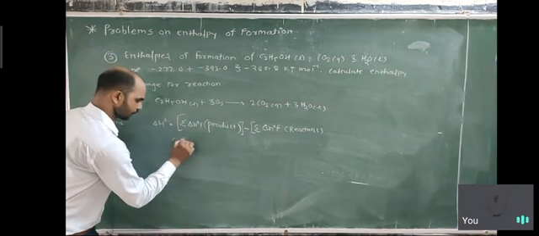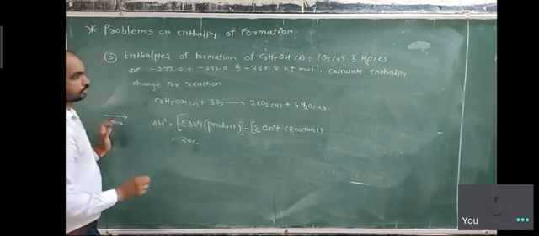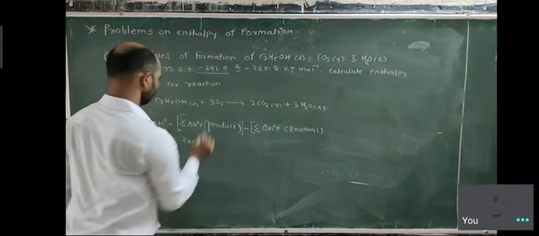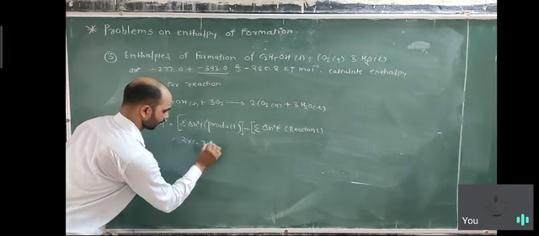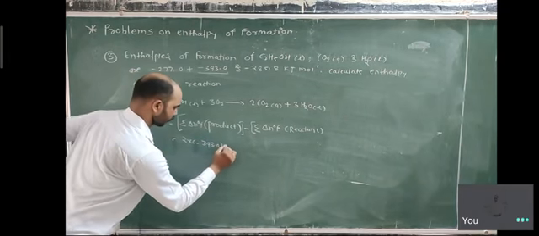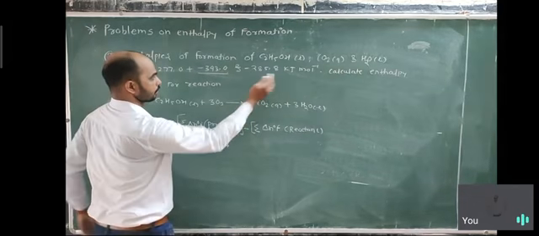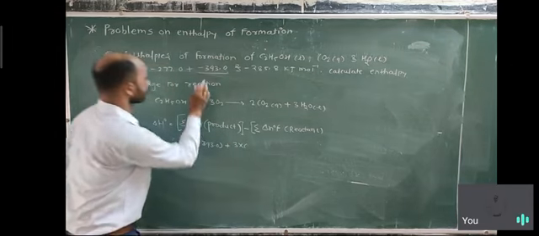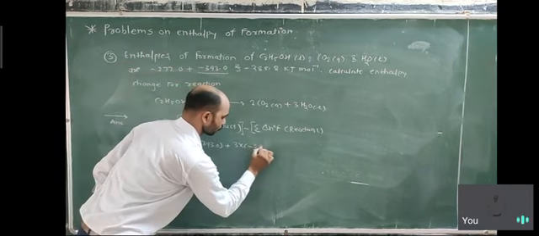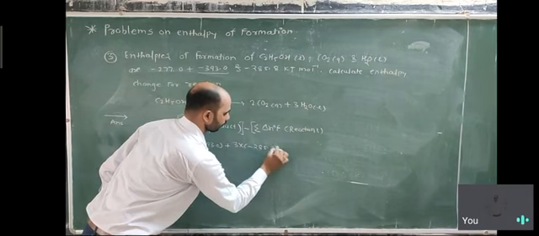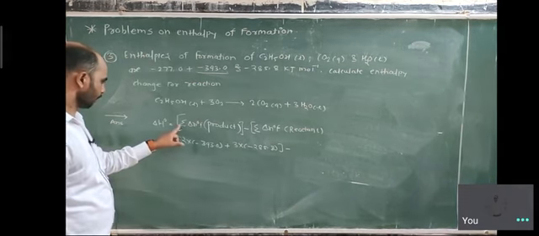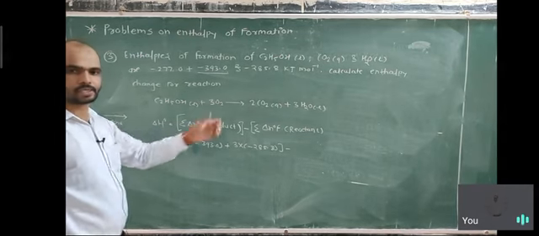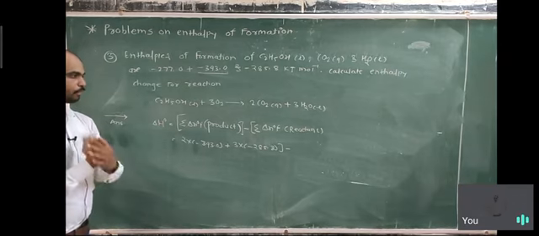So 2 is the coefficient, so 2 into their value. For CO2 the value is, as in the second number, minus 393.0. Okay, plus the coefficient for water is 3, so 3 into their value, minus 285.8. This is the reactant side. In the reactant side, ethyl alcohol is present only, because O2 is an element, so its heat of formation is 0.